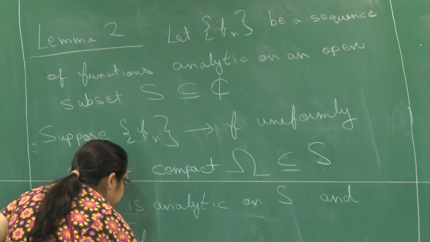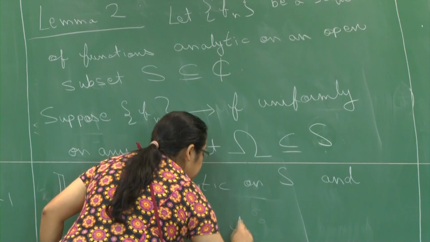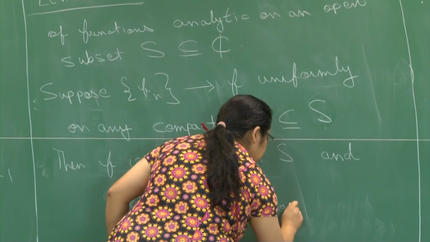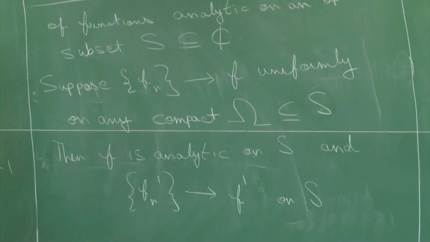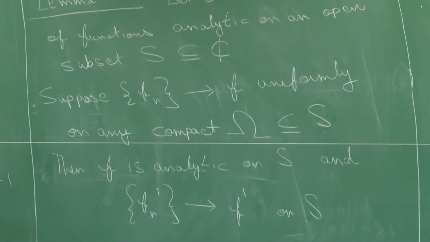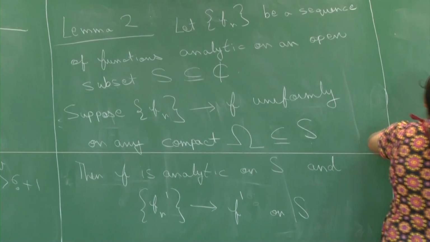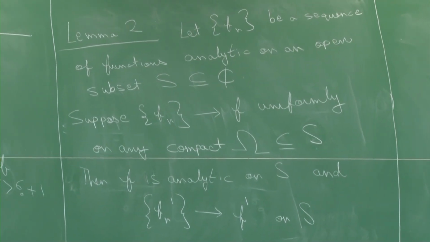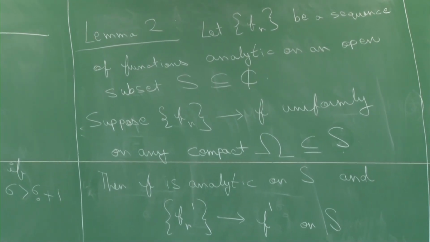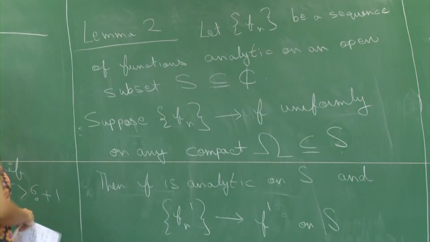So f sub n prime converges to f prime on S. Of course, we want to apply this lemma to the Dirichlet series that we are talking about. You are in a half plane of convergence which you can treat as your set S, but now you have to prove the second hypothesis here.